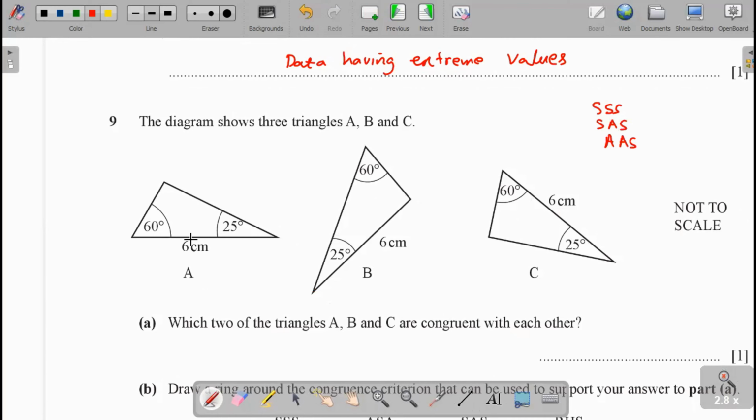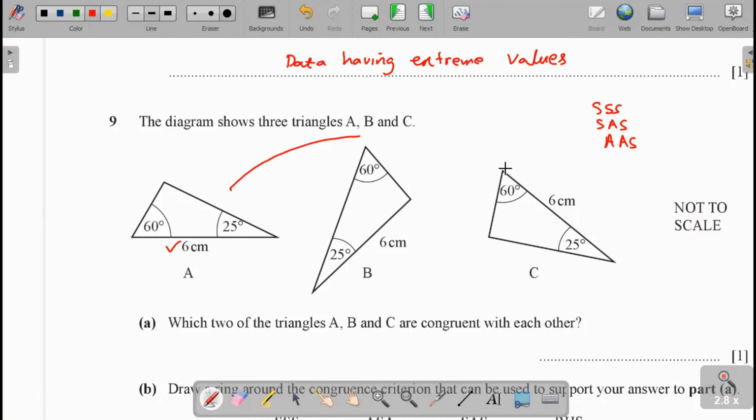Now you see here two angles are given, therefore the double AS property will be applied. Now we see here this angle is 60 and 25 and has a side 6. The side is opposite to the 60 degree angle. Now we have to take the triangle which has the angles 60 and 25.